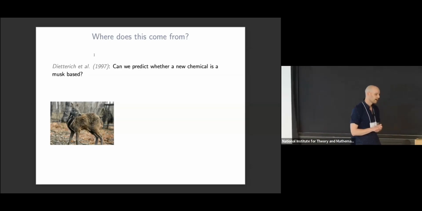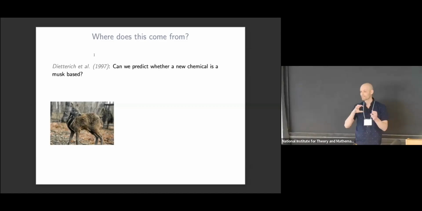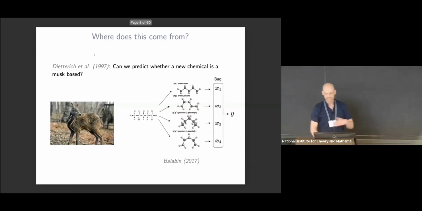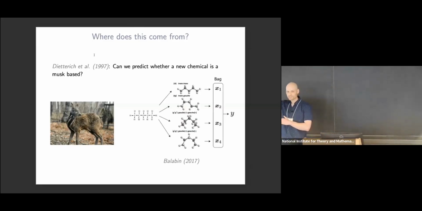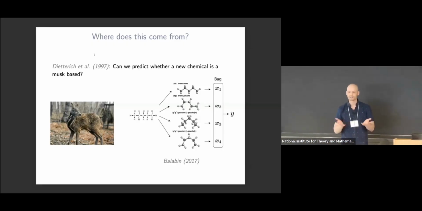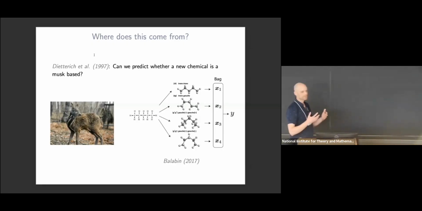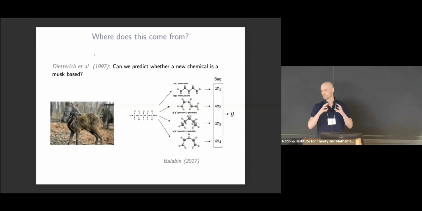But the molecules can have many conformations in equilibrium. So really what we want to do is think about, as the input to our learning algorithm, taking all those conformations and making a bag out of them, where the instances are some sort of vector representation of the 3D geometry of the chemical. And we don't know which conformation is the one that's actually doing the action.